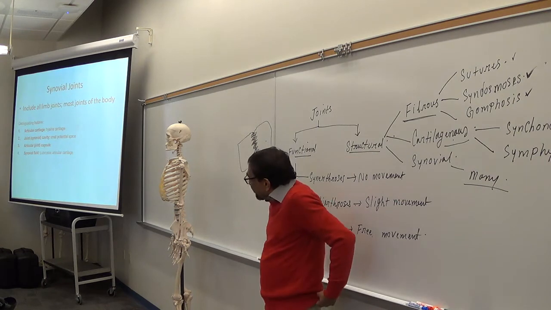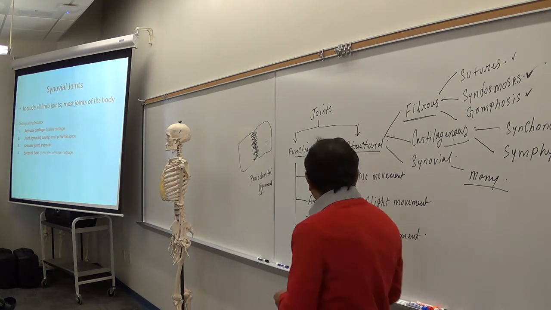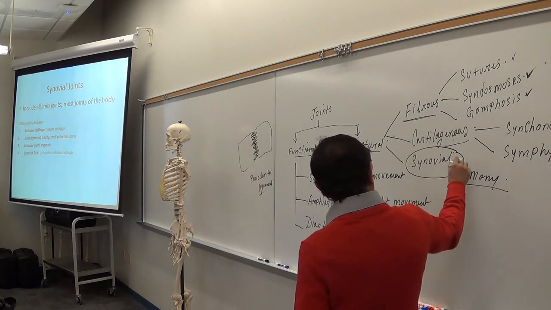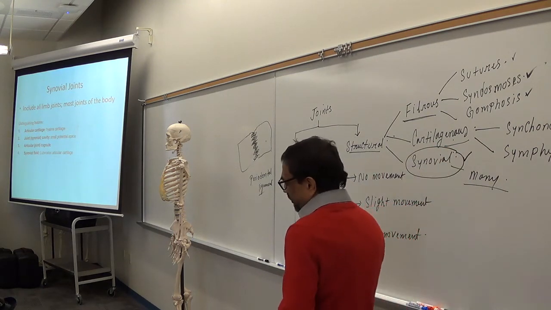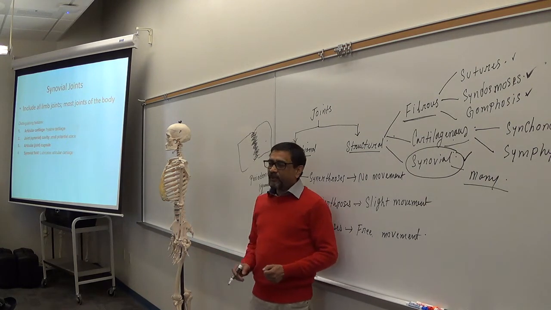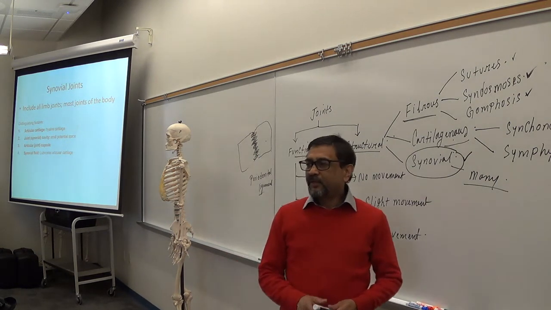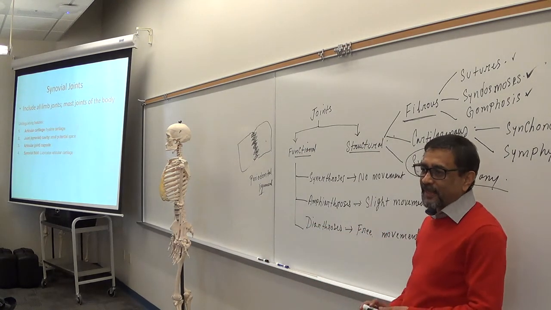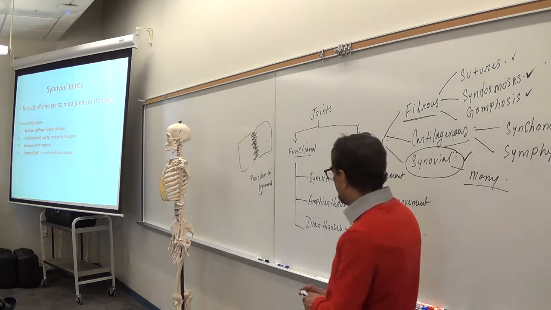Okay, now we will talk about the synovial joint. This is the synovial joint, most common type joint. Now, if you see a synovial joint, there are some properties that must be present in a synovial joint.